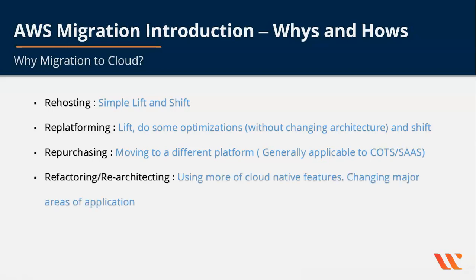The fourth is refactoring or re-architecting. Now this is really a heavy job. Here you are trying to use more of the cloud native features and you would be changing major areas of the application. You would be changing the major architecture and the core of the application in this case. The fifth is retiring your applications, getting rid of them. The sixth is retaining your applications or doing nothing for now.